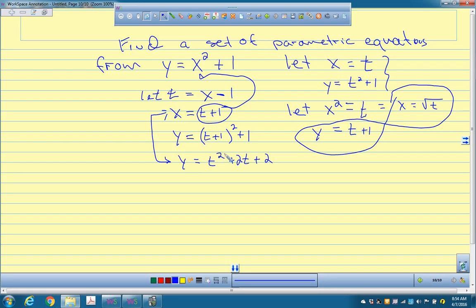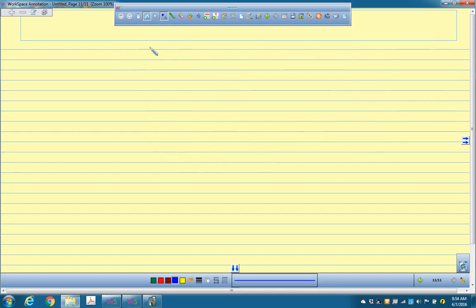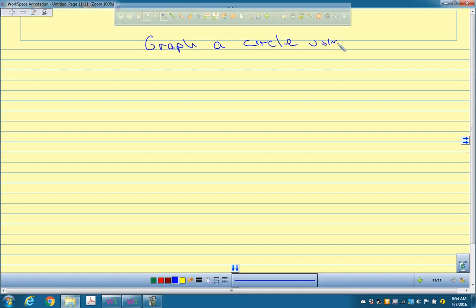So, last thing, you can graph a circle or an ellipse. Parametric equations are very convenient for graphing circles, okay? Graph a circle using parametric equations.